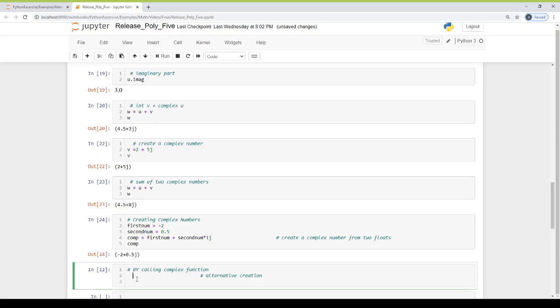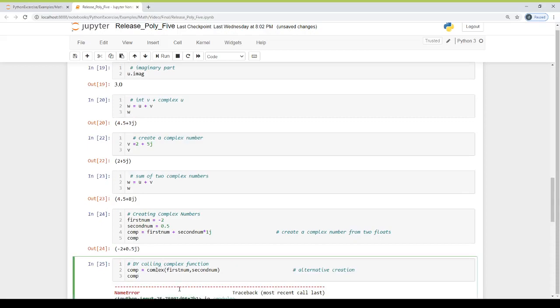Next, another method of creating a complex number is by calling the complex method provided by the SymPy package, that is comp is equal to the complex method with two arguments, first num comma second num, and then print comp, shift enter to execute the code.